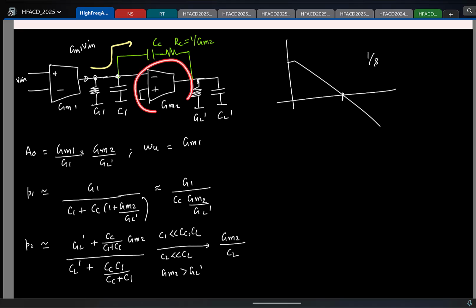If it is providing good gain, what can you say about this voltage, very approximately? We can approximate it roughly as 0. This is just a very qualitative explanation, not exact. Now, let's ignore the resistor for now. I have GM1 V in current flowing through capacitor CC, and this terminal is 0. So then what is V out?